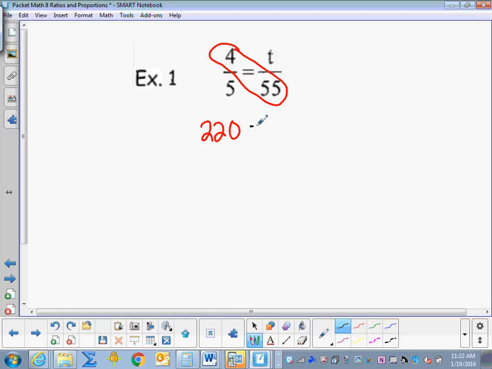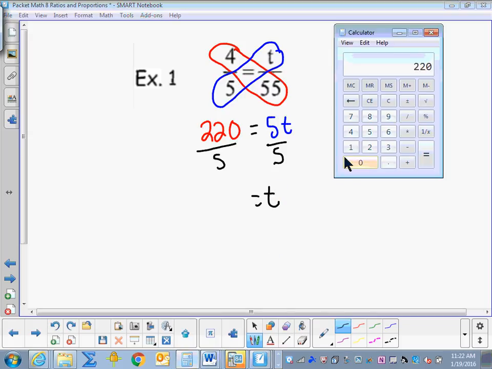And is equal to, cross multiply again, 5T. So now we're going to divide each side by 5. And T is going to equal 220 divided by 5, which is 44.